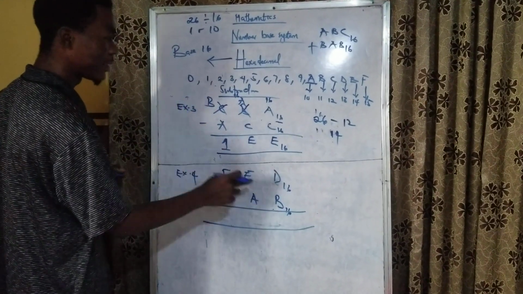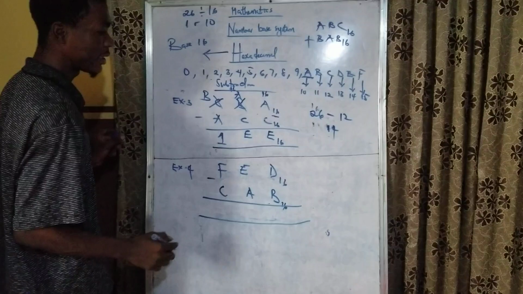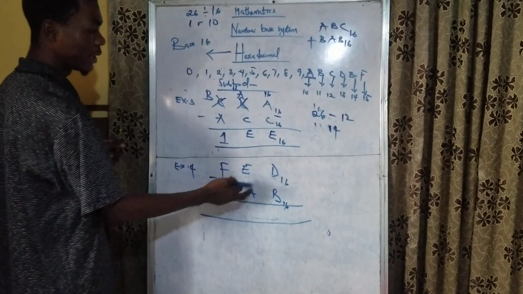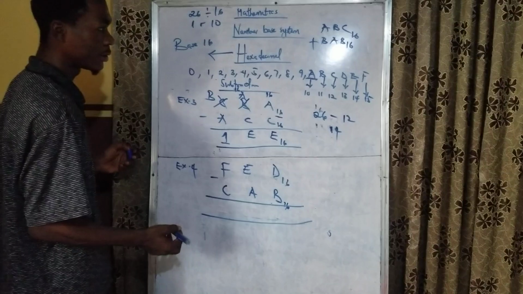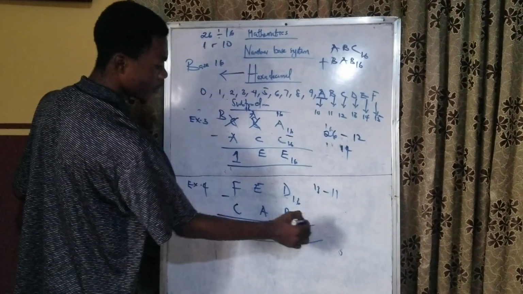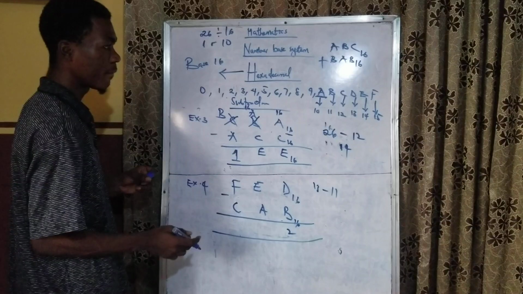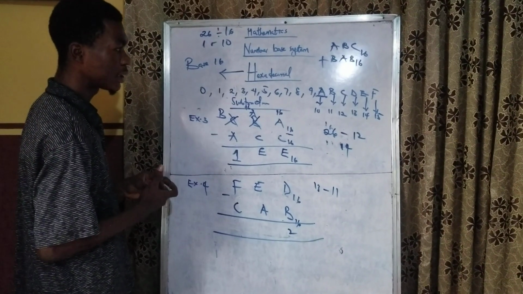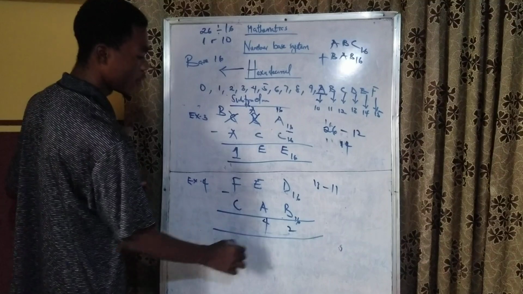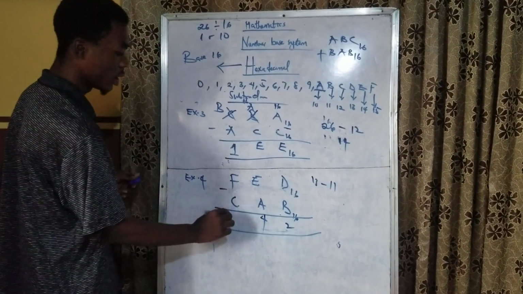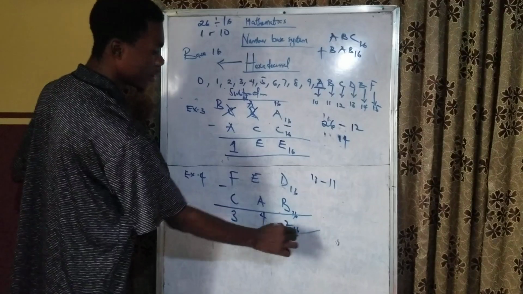D is 13. 13 minus 11 is going to give us 2. What is E? E is 14, minus 10, which is 4. What is F? F is 15 minus 12, which is 3, base 16.